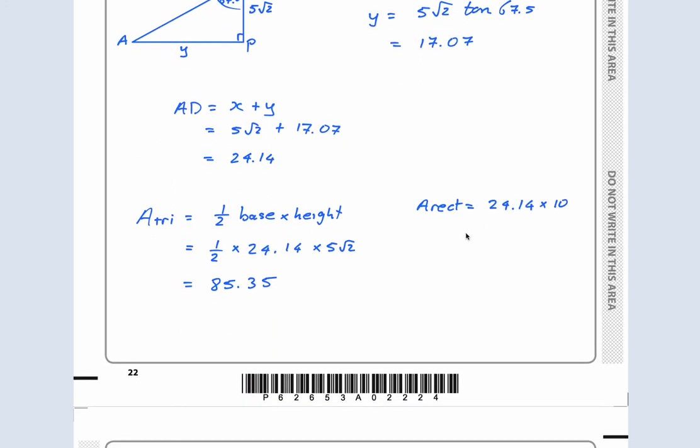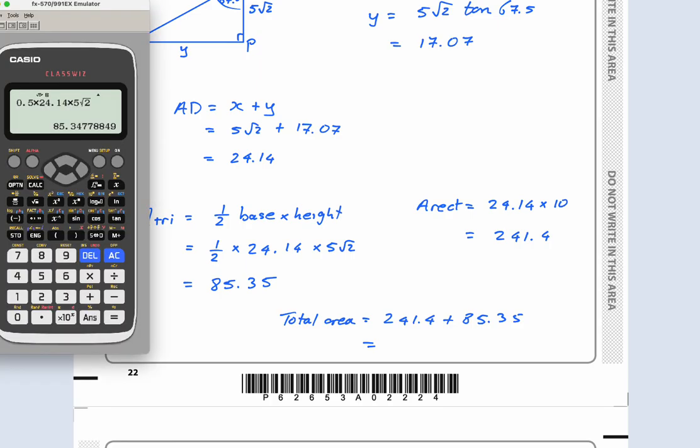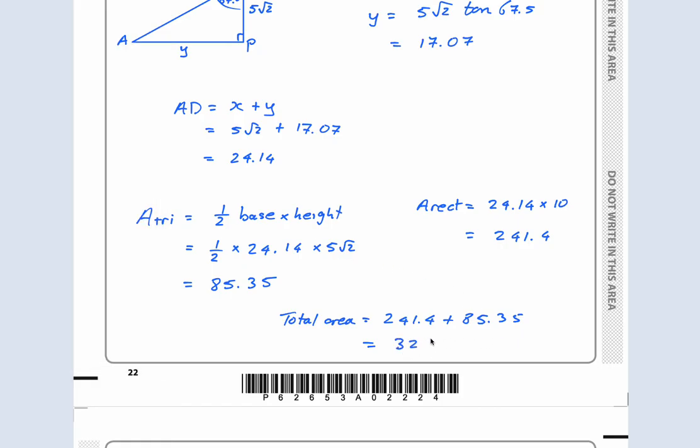So it's just this times 10, which is 241.4, which means the total area is equal to 241.4 plus 85.35, which gives me 326.7.